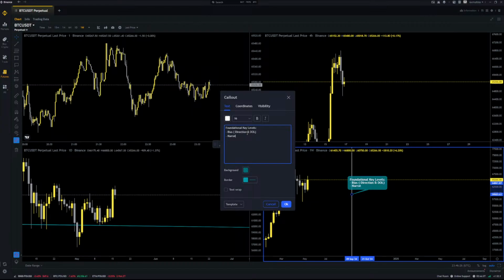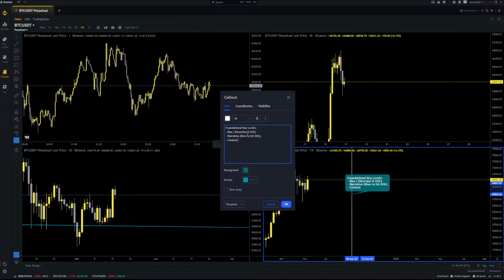Thereafter, I want to build a narrative of how I'm going to reach the target or the drawn liquidity. It depends on whether it's a major drawn liquidity, intermediate drawn liquidity, or a minor drawn liquidity.